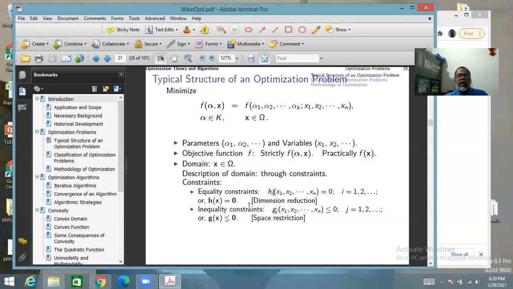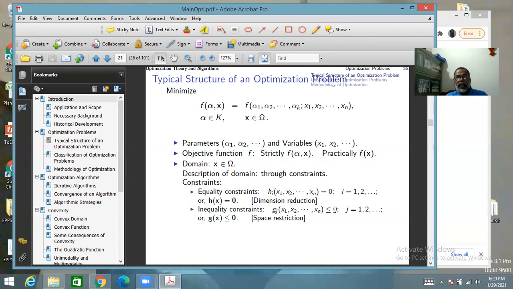An inequality constraint, where the constraint is defined like this, Gj, G1, G2, G3, etc., will not reduce the dimension. 3D space will still remain 3D, but you would restrict it to one side of the surface, Gj equal to 0. Gj equal to 0 is a surface, and less than or equal to 0 will be one side of it.